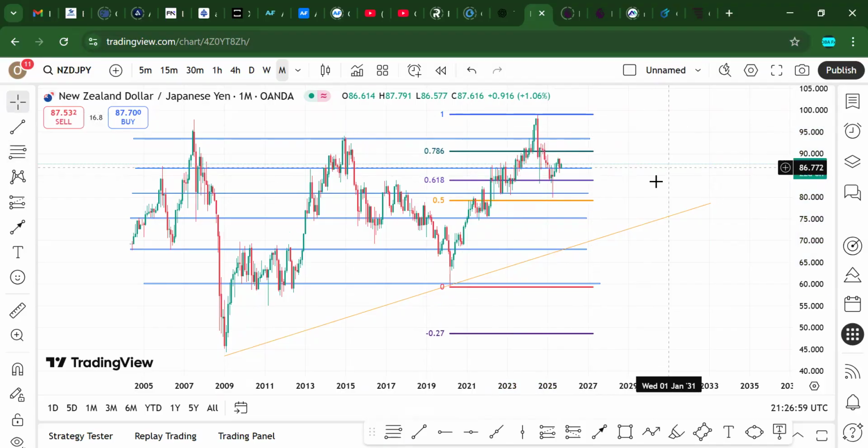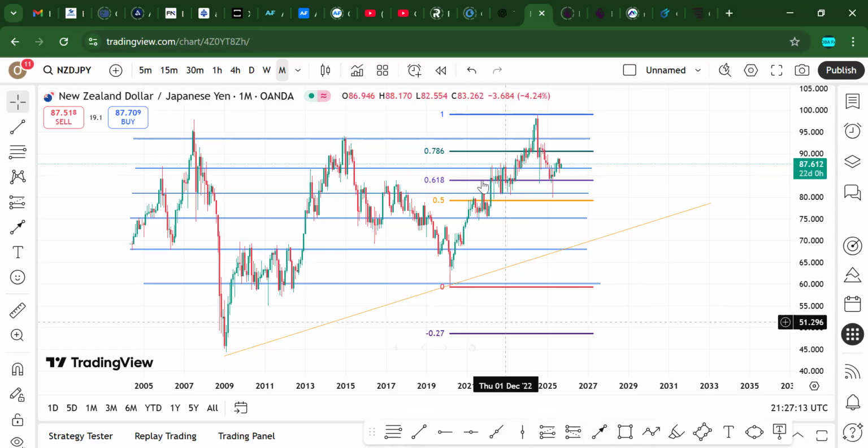And looking at this tool, for those that have been following me, I have what I call the Fibonacci retracement golden zone, which is a zone between the 0.618 and 0.5 mark. Now, this zone, we can see that price is currently within the zone, and it's not just within the zone, price has been rejected from the zone.